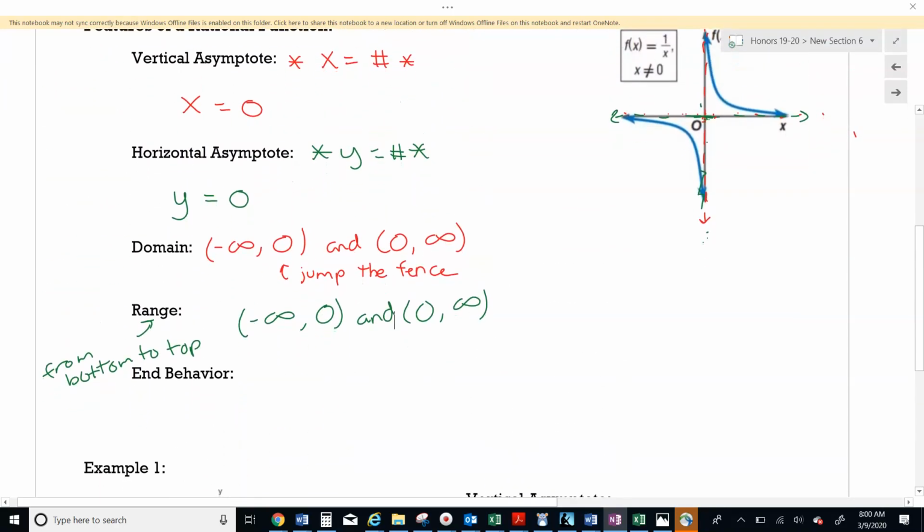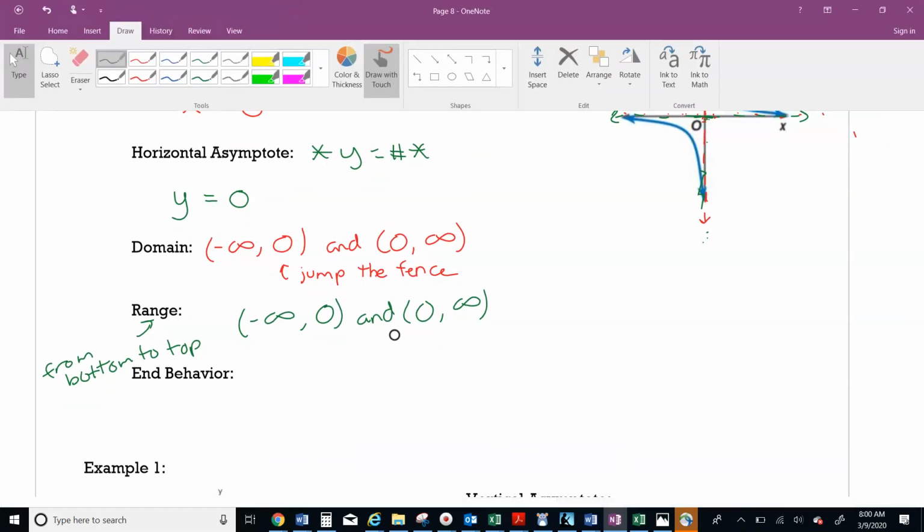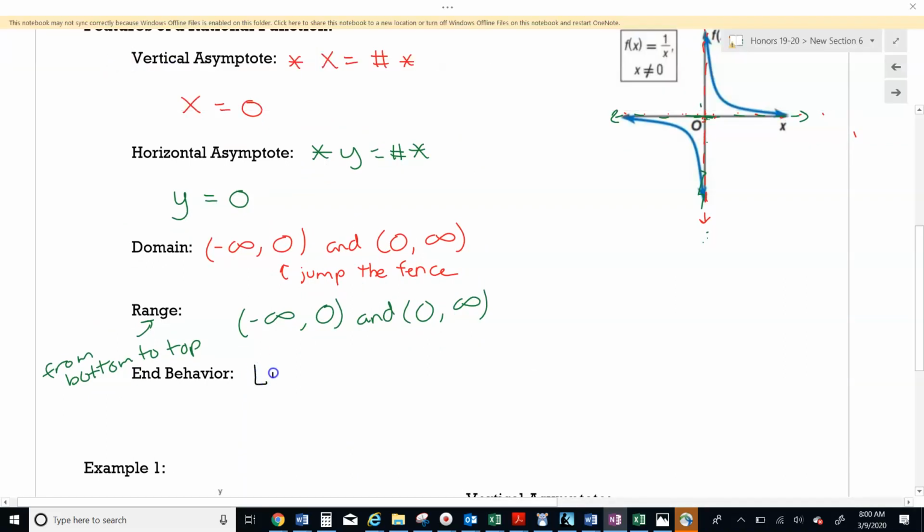Okay, sorry, I just wanted to double check what I had. And then end behavior, we're still using our limit notation. Okay, so what's happening is x goes to the left.